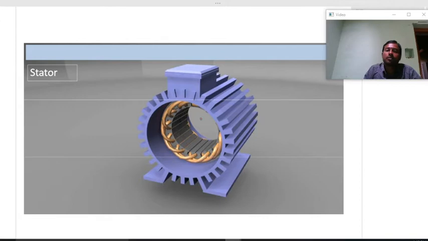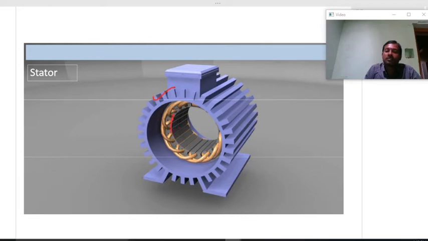Stator. You can see the outside frame, but inside what will be there? Stator. This is the stator. The actual stator will be like this, and I will explain the construction of the stator clearly. You can see the inside view with the outside frame and stator.